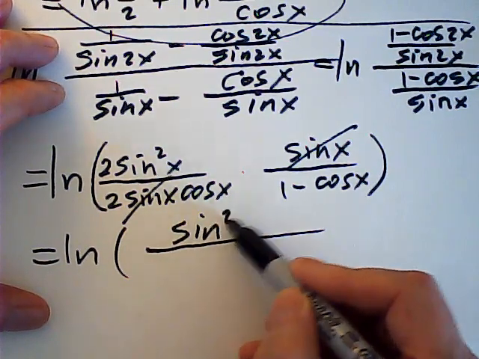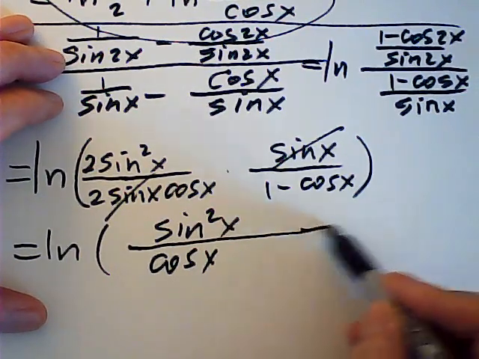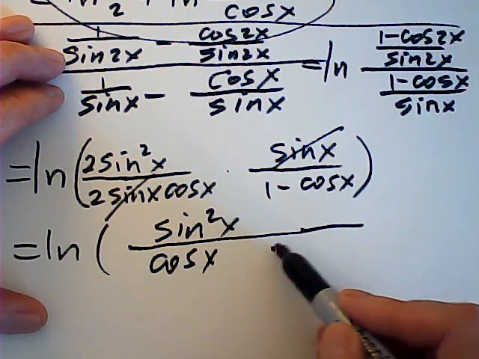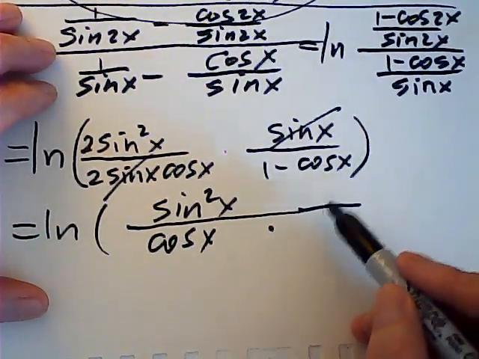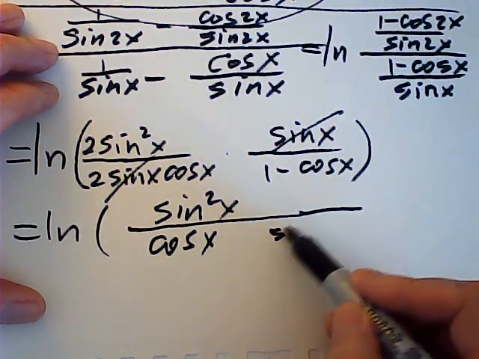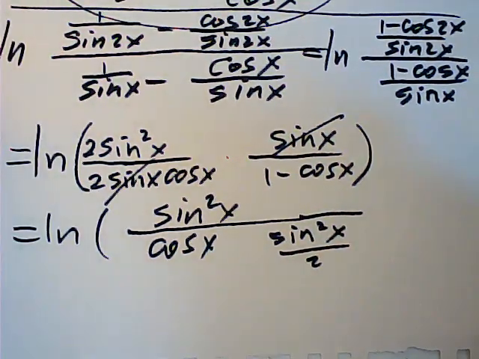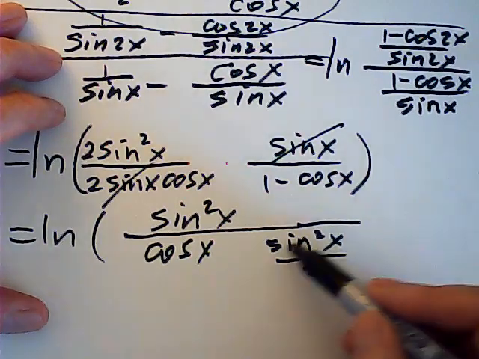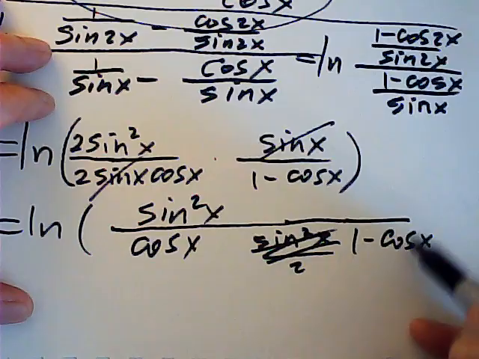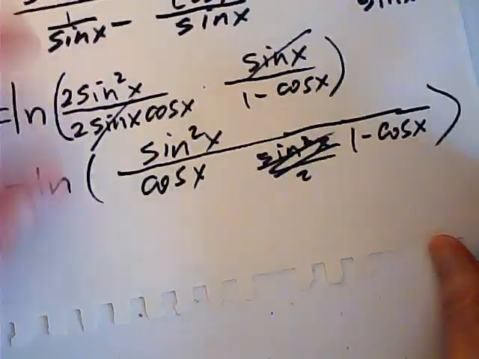That gives sine square over cosine x. Then 1 minus cosine x.